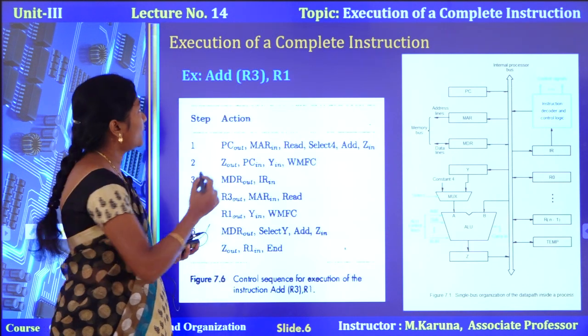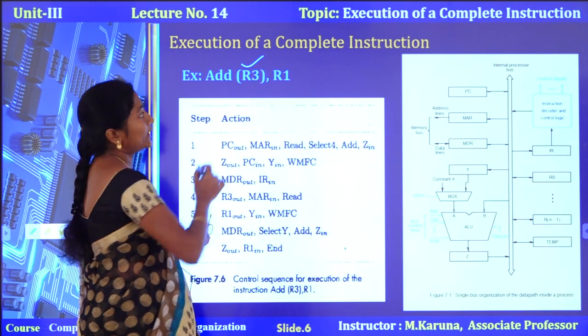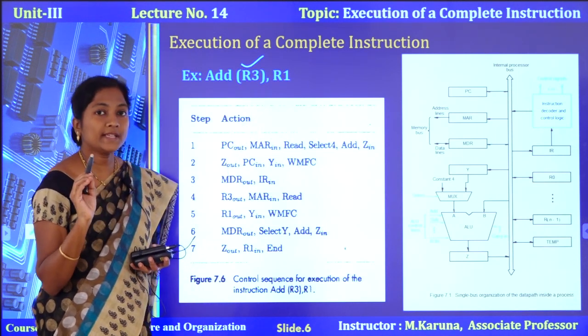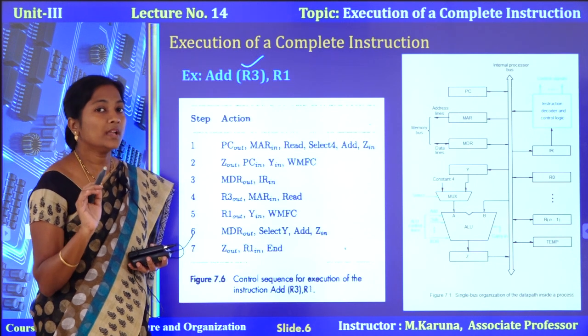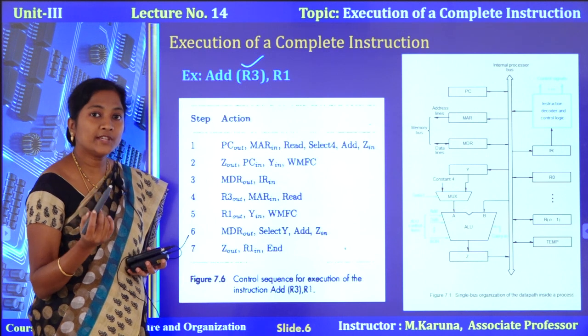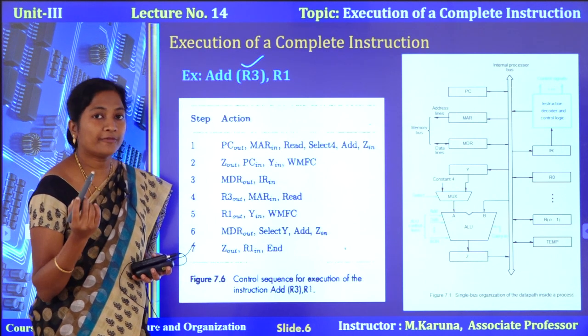So, our example is add R3 comma R1. I told you R3 contains the address of the data. To execute any instruction, first processor needs to fetch the instruction from the memory.